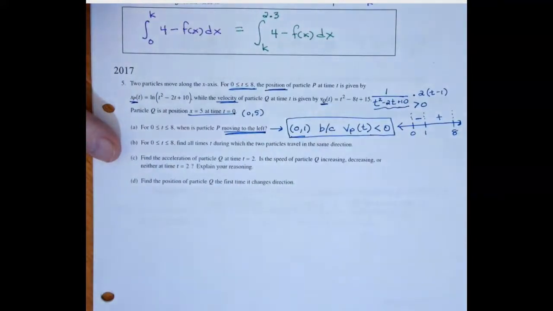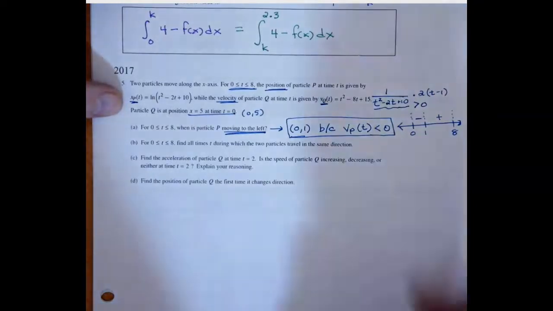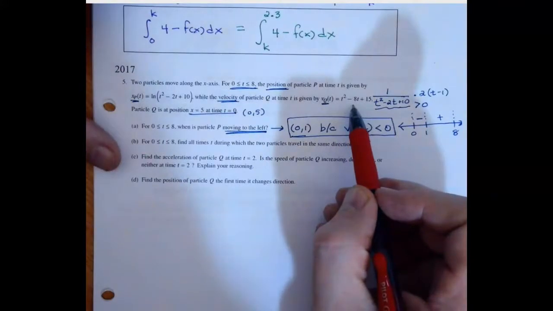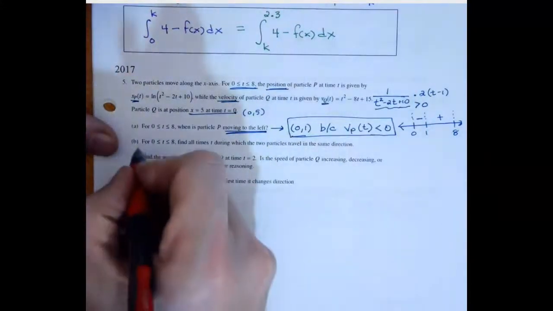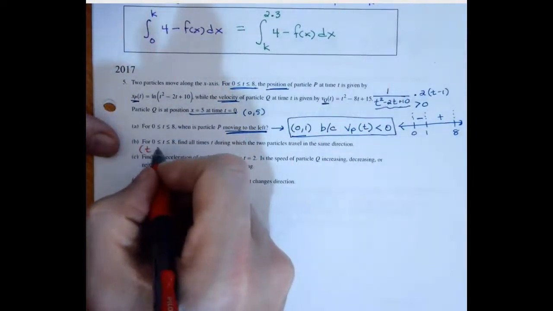Okay. Now, it says find all the times where they're moving in the same direction. We have this velocity formula here already, so we can factor that. That's already velocity.